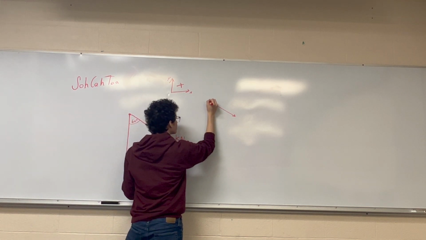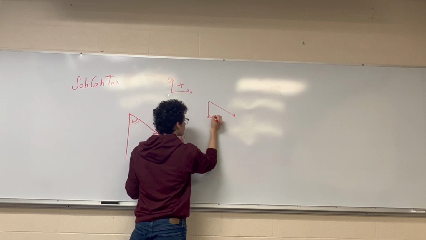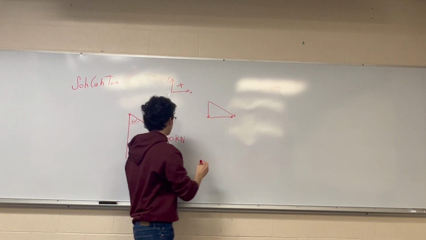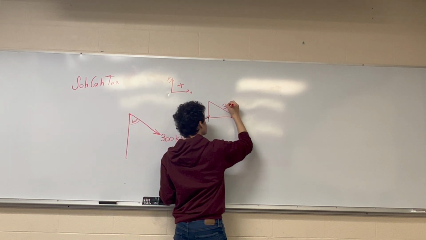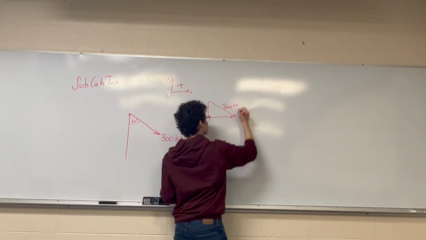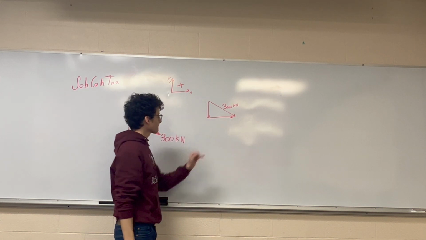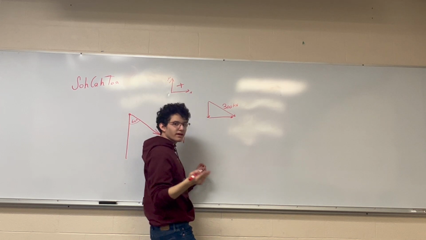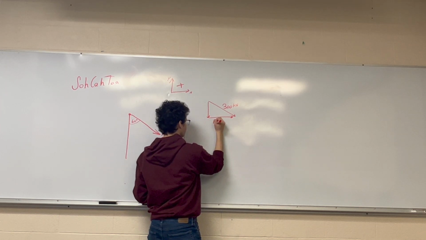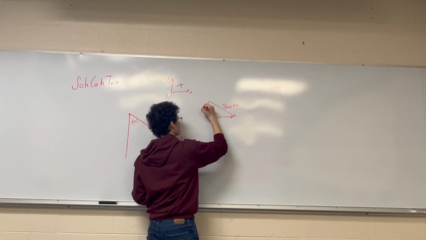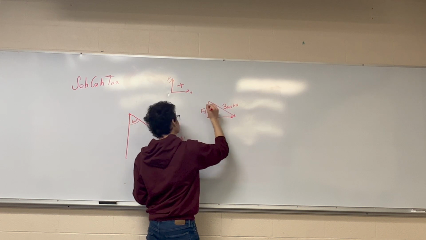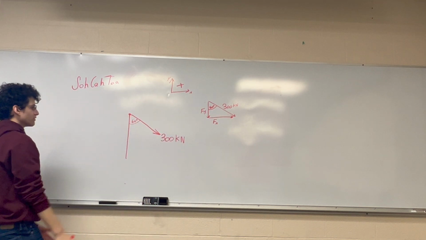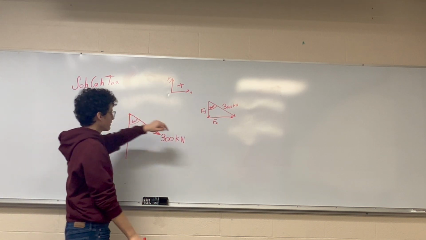This is our 300 kilonewtons, and this is our unknown x component. We'll call this Fx again, and we'll call this Fy. And we know that this angle is 60 degrees.